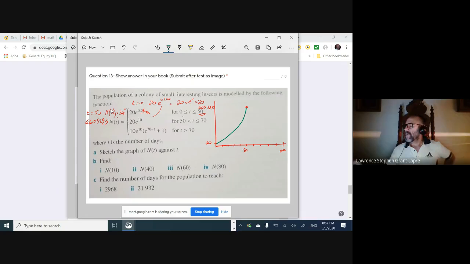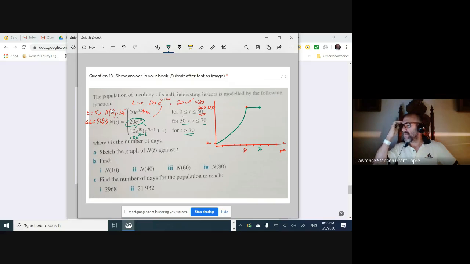It's exponential. Okay, now it's 20 e to the power of 10 between 50 and 70, so it's going to stay at that value. And then after, it's going to reduce. If I was to expand this, 10 e to the 10 plus 70 minus t, 80 minus t.